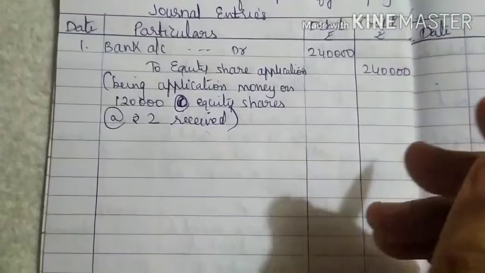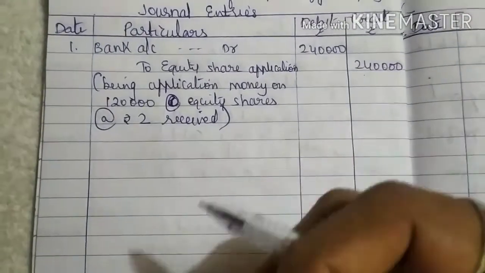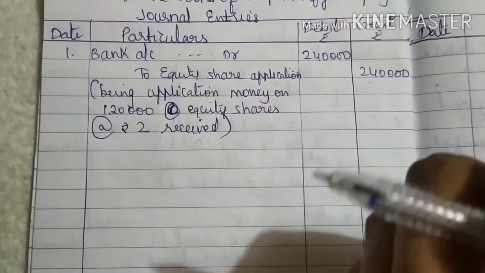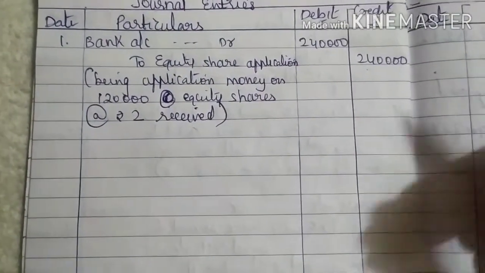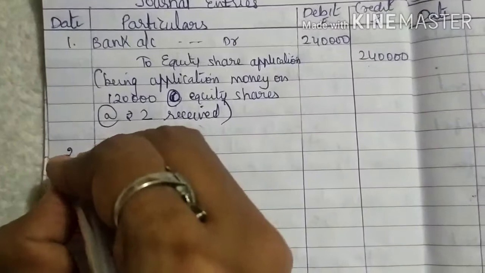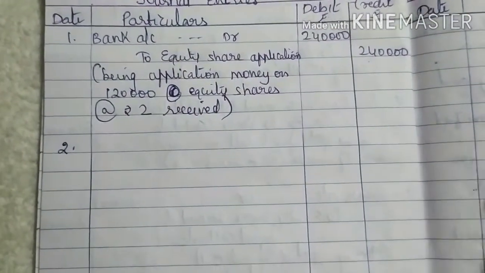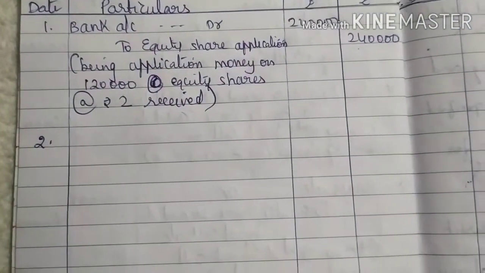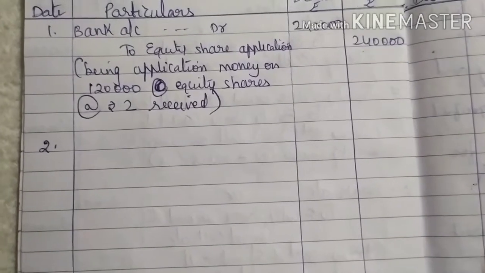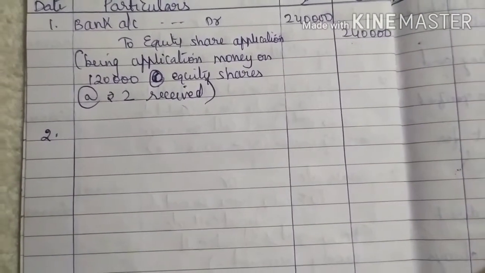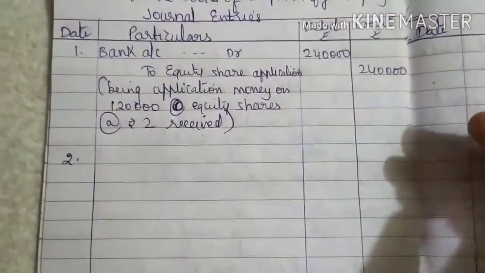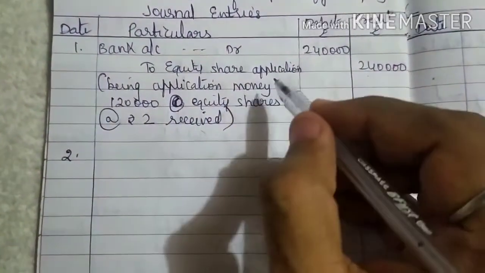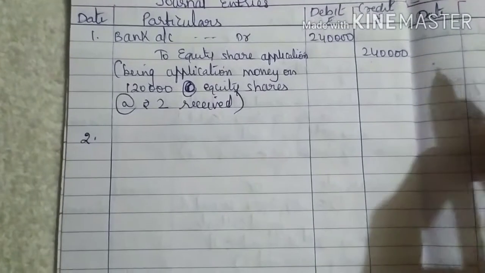As we have only 1 lakh shares, the excess amount received on 20,000 shares we have to pay back, we have to return. The directors decided to reject the excess application money and refund it. Company received all money. So now we have to transfer this application money to the equity share capital.